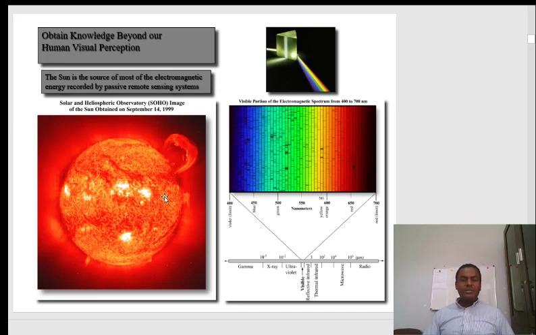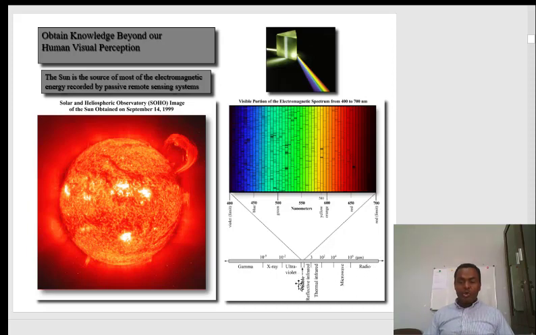Now look at this. We are able to obtain knowledge beyond our human visual perception, as we said earlier. This is the whole range of the electromagnetic spectrum, which ranges from gamma rays all the way to radio waves, microwaves, and the like.